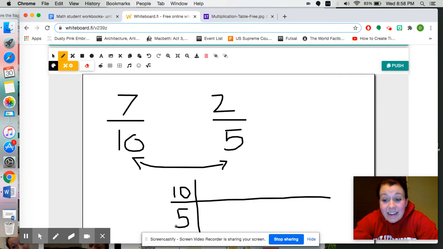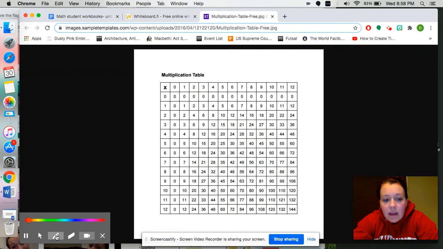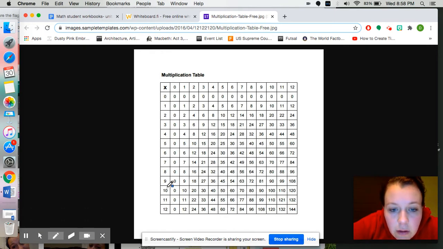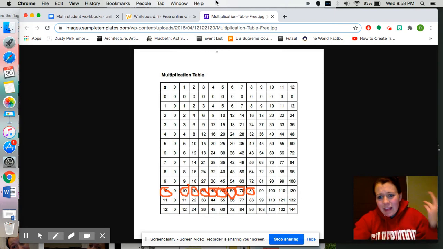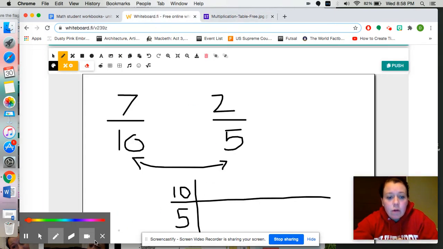If I don't know my tens facts, but tens are easy, guys, they're super easy, I'm going to go to my multiplication table and find my tens: 10, 20, 30, 40, 50, 60, 70, 80, and I don't even think I need to do that. As far as how many factors to list, start by listing 5, and then if you still need more, you can list more.